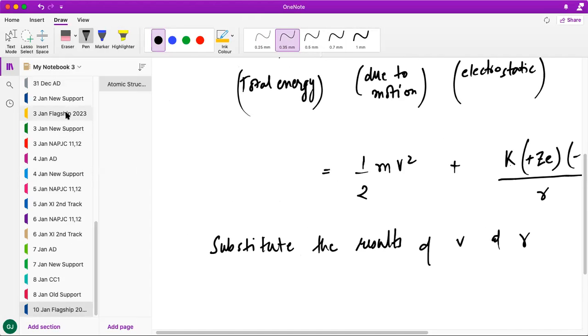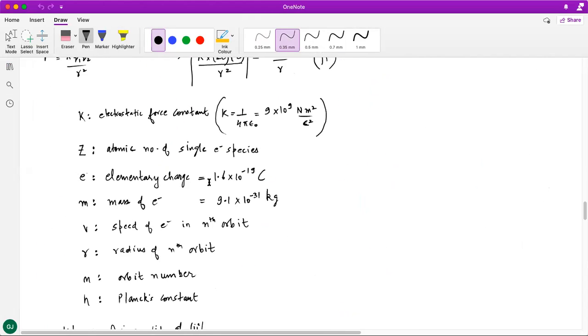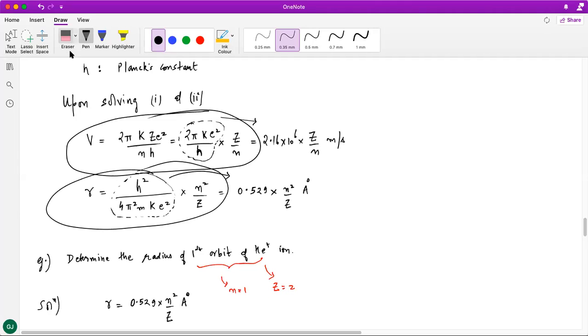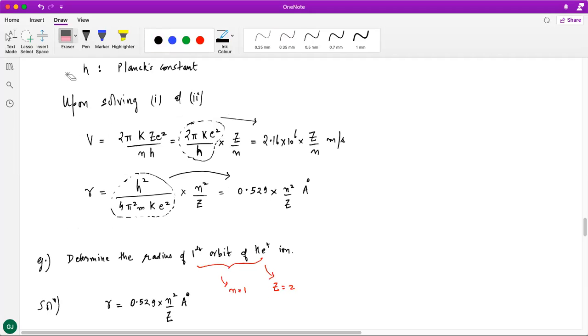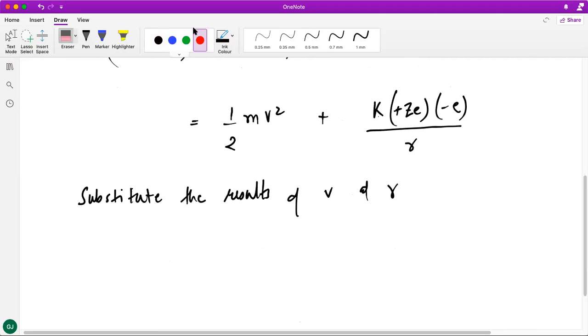For that we have to go to the last class once, those results that we derived, these ones, this and this, which were in terms of the variables, not the numerical ones. I would put the variable ones first. So if I put them, then what is the result that I'm getting?